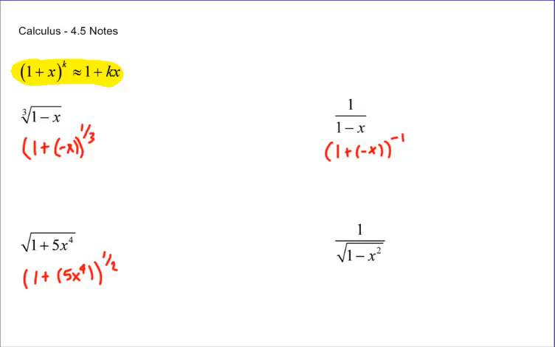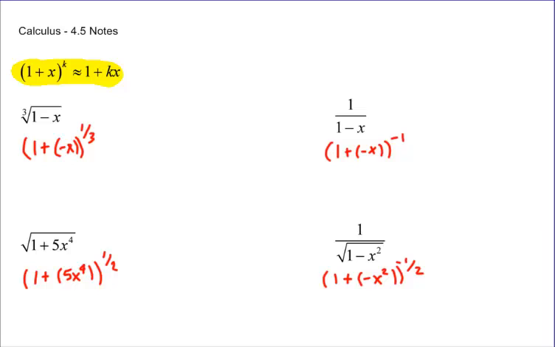And then this guy would be 1 plus negative x squared to the 1/2. So we need all these guys written in the correct form.